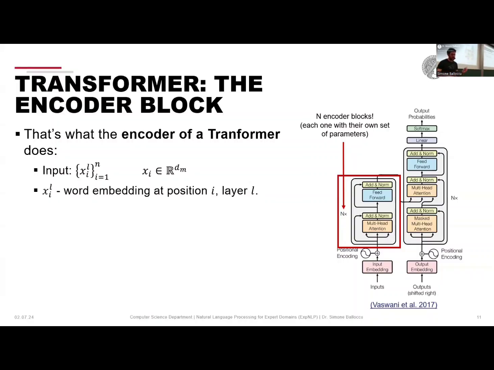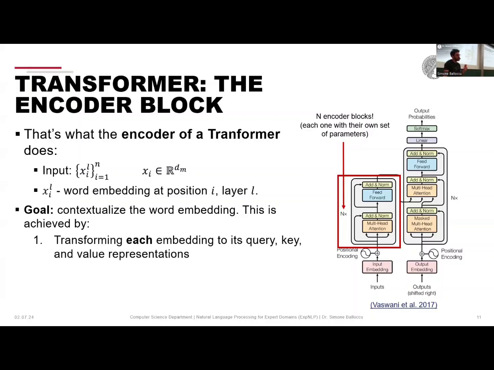What does it mean? That every time we process the input with the encoder, it doesn't go to the decoder directly. It goes to the second encoder. So we encode it again and again and again and again. So it's very, very deep. And you can already probably guess very, very heavy computationally, but we're going to see how it works. So the goal is to contextualize the word embedding. How the transformer does that is we transform each embedding into its query, key, and value with no need for the decoder.